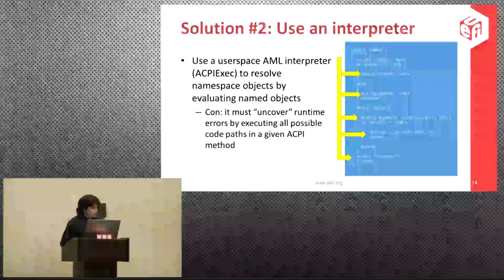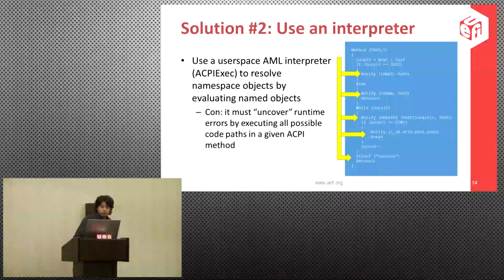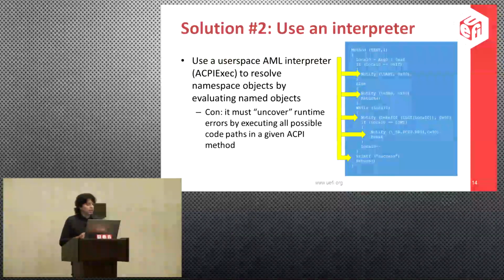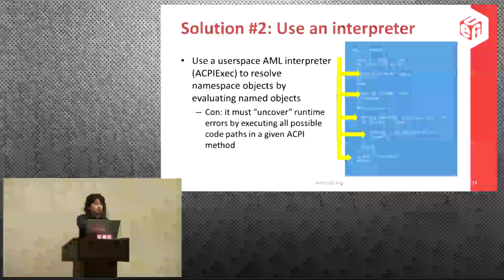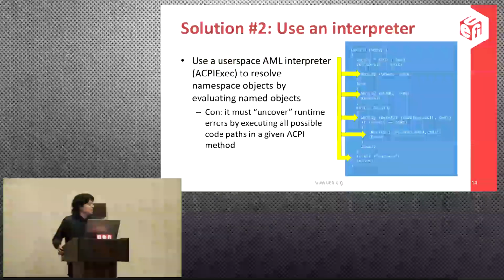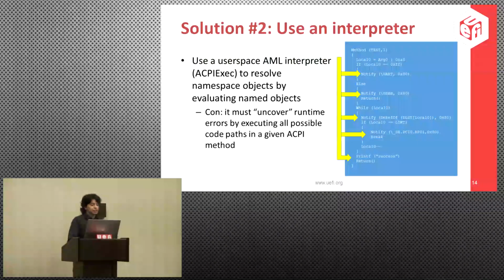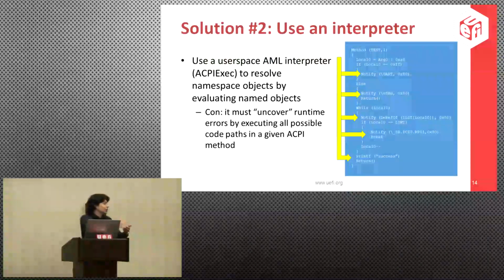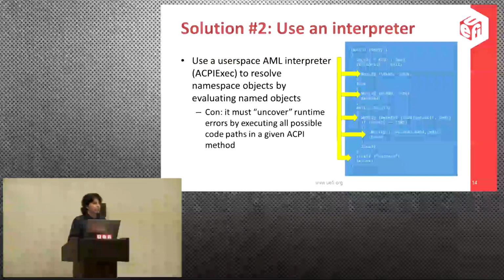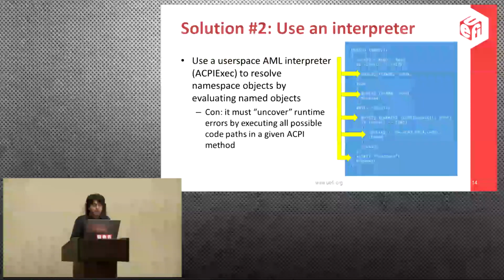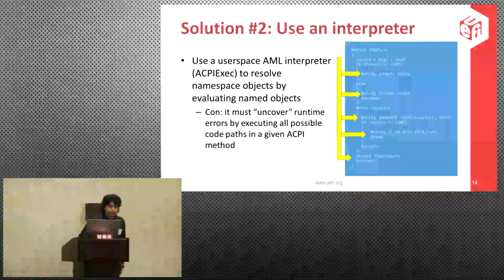So another solution is to use an interpreter. As a part of the ACPI CA project, we have this user space version of the AML interpreter called ACPI exec. Now this can help us resolve these object names as well as execute each control method, as well as evaluating all these names.